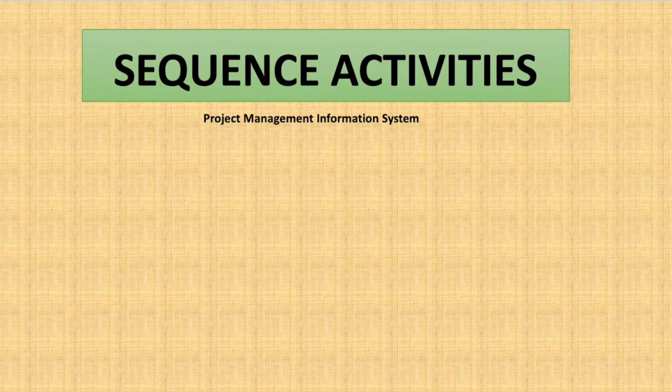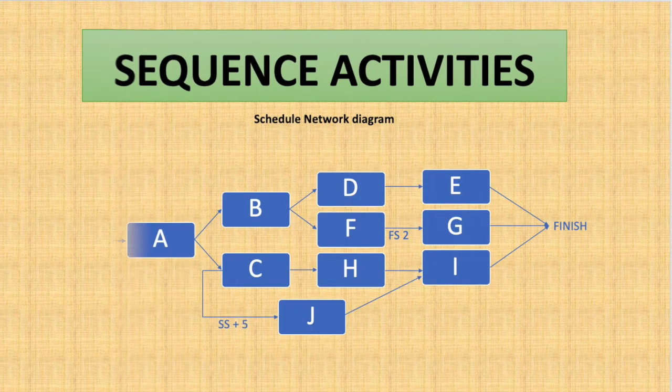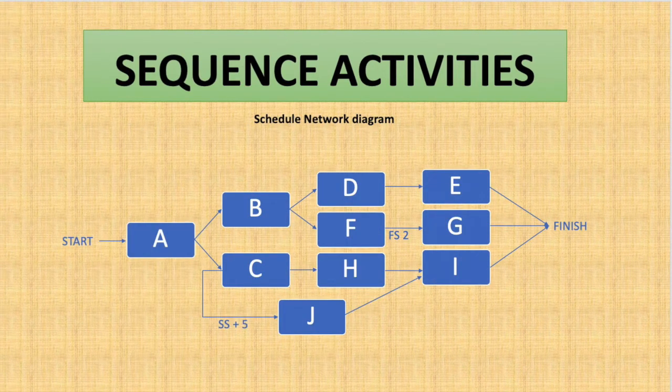Let's talk about the schedule network diagram. A schedule network diagram is a diagram where we can see the whole set of activities with their relationships, lead time, and lag time. So here is a set of 10 activities: A, B, C, D, E, F, G, H, I, J, with start and finish.